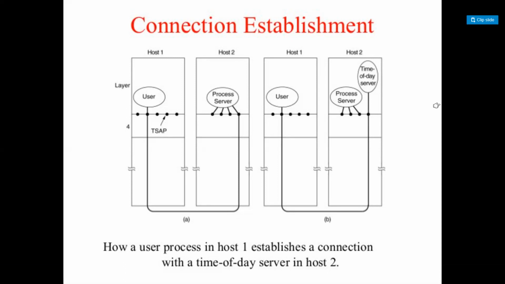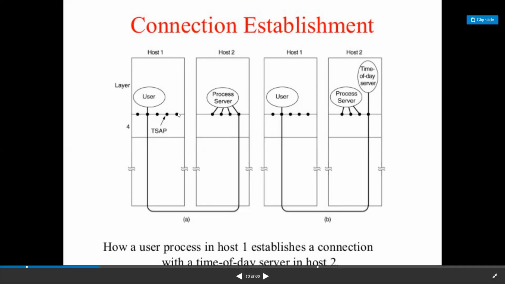For every transport layer, we have TSAPs, that means transport service access points. These are the port numbers. This port is the sender address, and this is the receiver address. These two need to be connected. All these are process servers.